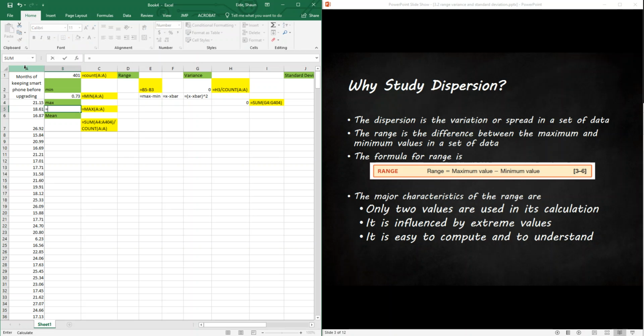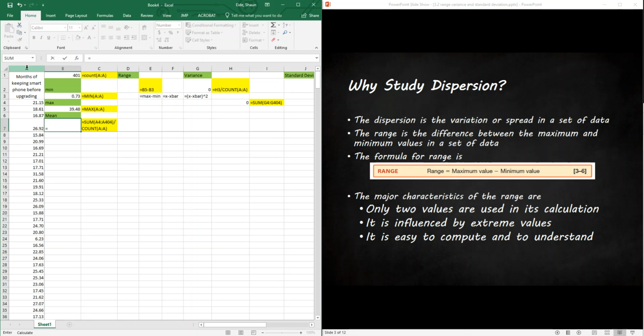Then the next one, equals MAX. This is the longest that anyone in this particular sample kept their smartphone before upgrading, which is 39.48 months, which sounds a lot like me. So that's the minimum and the maximum. And now we're going to look at the mean.